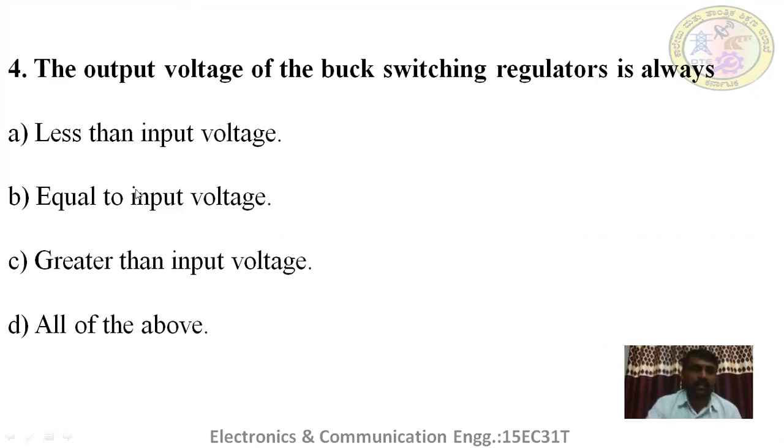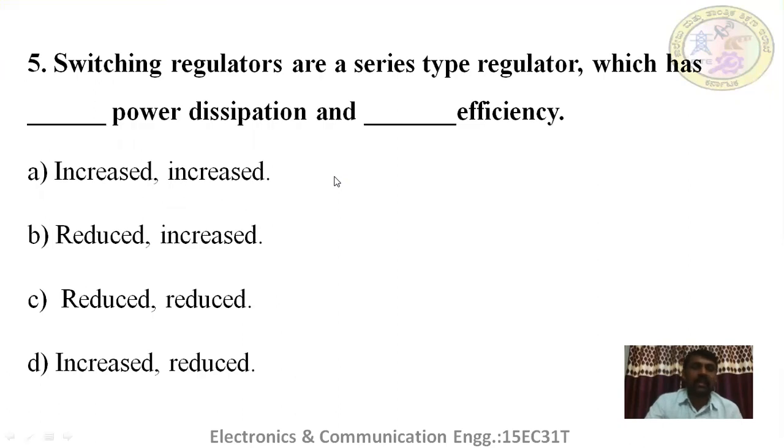What is the correct answer? The output voltage of buck switching regulator is always less than the input voltage because this is a step down switching regulator. The correct answer is less than input voltage, option A.